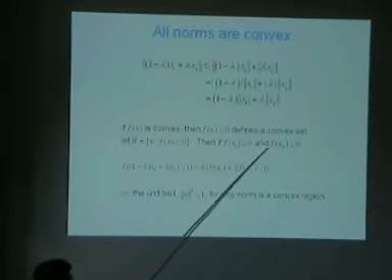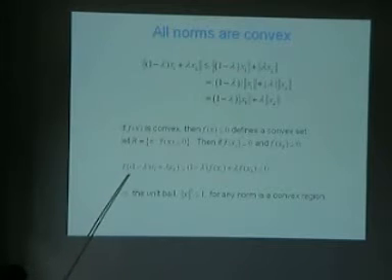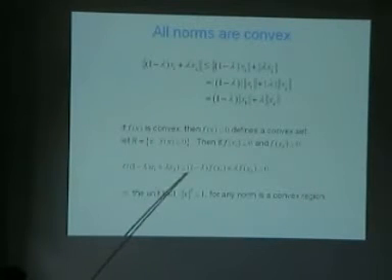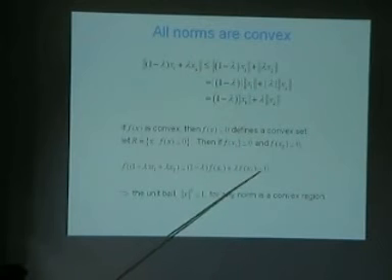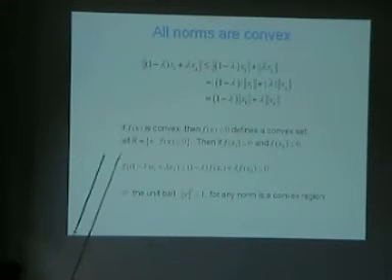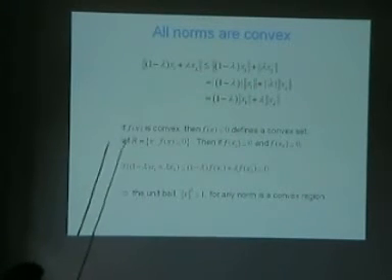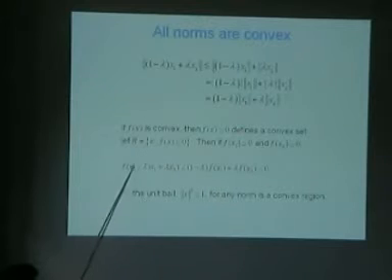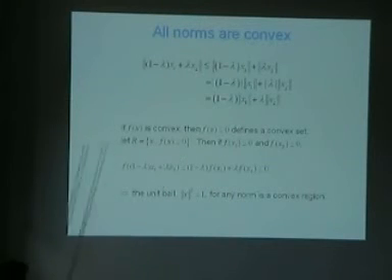This is negative and this is negative, and certainly this is less than or equal to this, which is less than or equal to 0. So this is also negative. Therefore, all these points satisfy this inequality, so they lie in the set, so the set is convex.